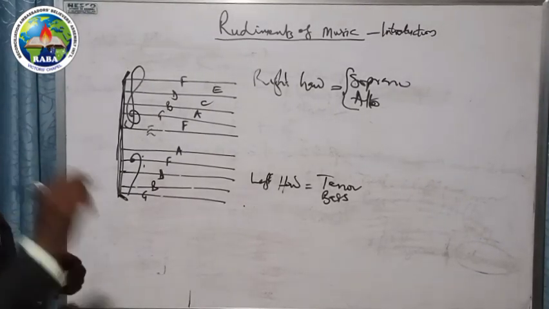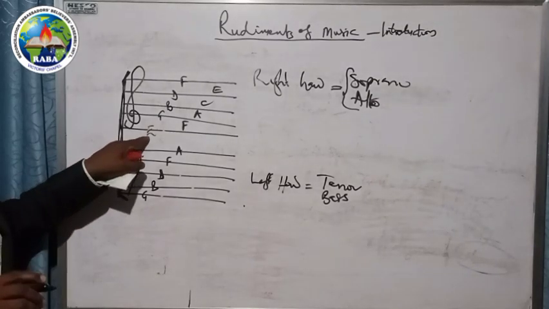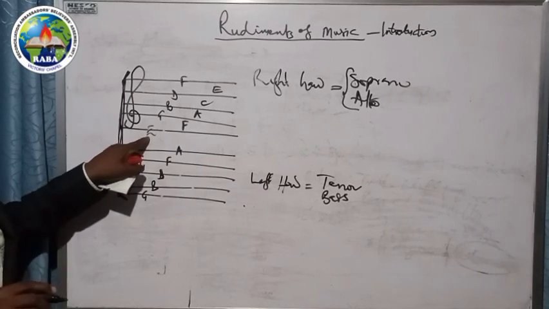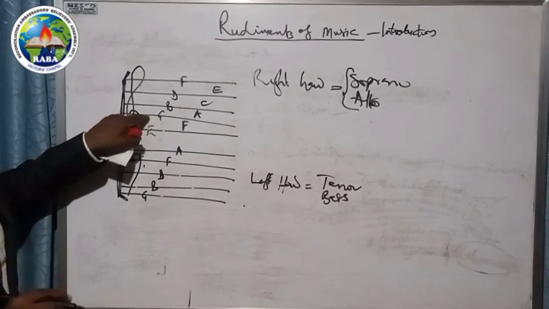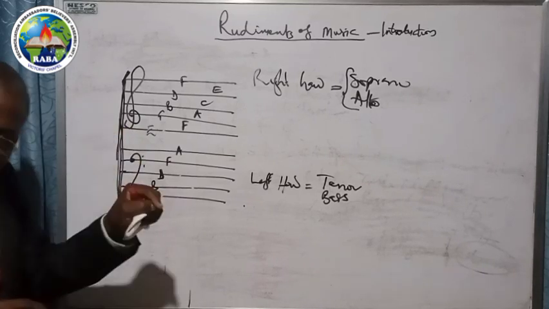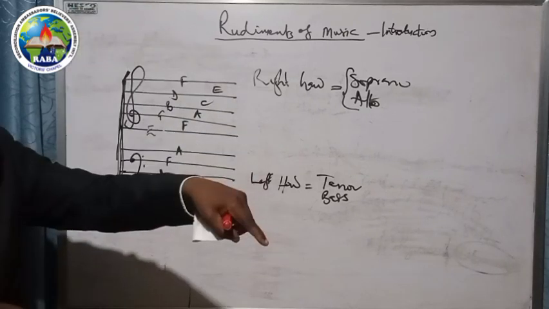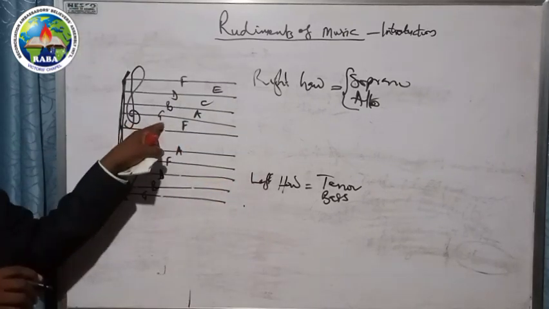Now, you will notice that when you find a note on a line, the next note on the next line will have omitted a letter.